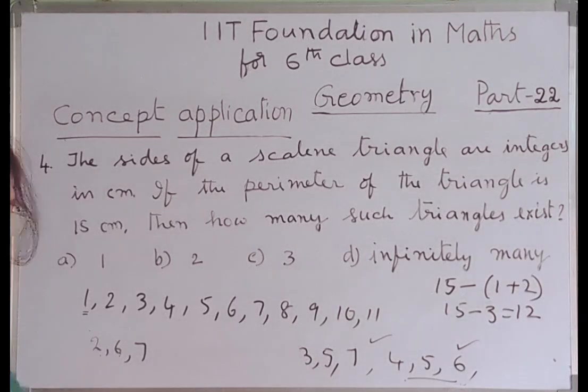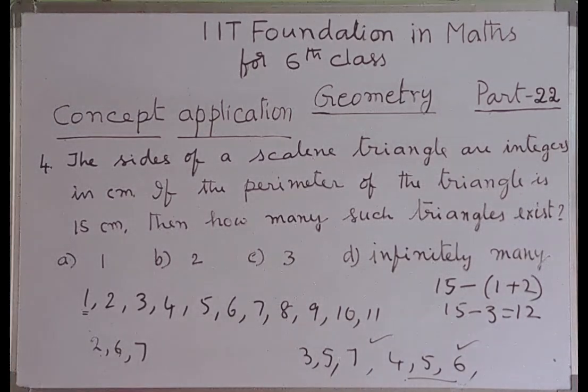The difference of any two sides must be less than the third side. The difference between 6 and 7, 1, is less than 2. 7 minus 2, 5, is less than 6. Therefore, both the conditions are satisfied. So, the three measures can be the sides of a scalene triangle.